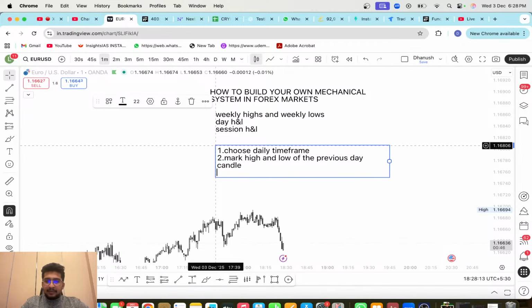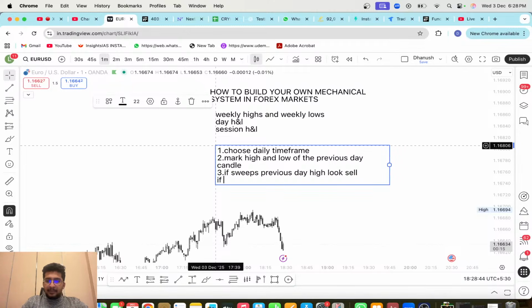Okay, next. Once we did this, our first step is to mark the highs and lows of the previous day candle. Once the market sweeps the previous day high, we look for sell opportunity.